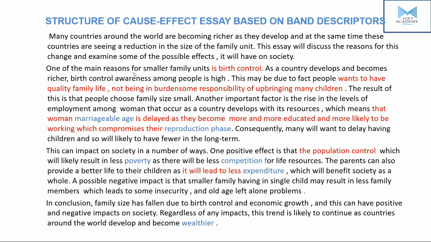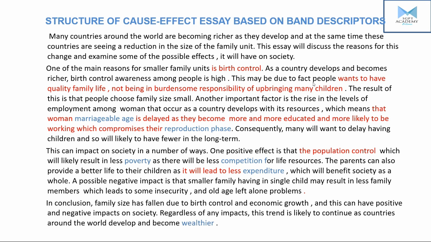One of the main reasons for smaller family units is birth control. So what reason has been given? That is the birth control system is there. As a country develops and becomes richer, birth control awareness among people is high. So it is seen that as the countries become rich, the family size gets reduced. Okay.